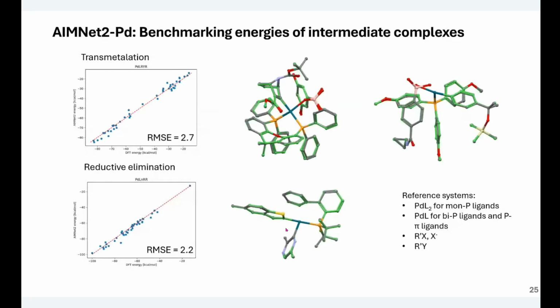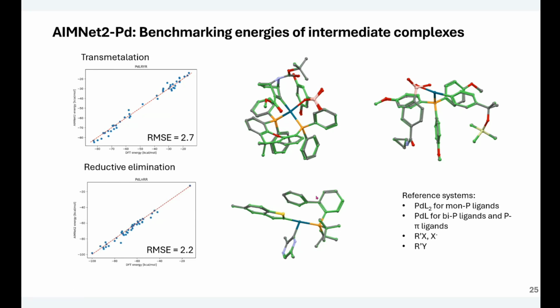So first, it's a benchmark of energies of intermediate complexes. Here you see the overlap of DFT optimized and AIMNet optimized complexes of different stages of the reaction, and they're very, very close.